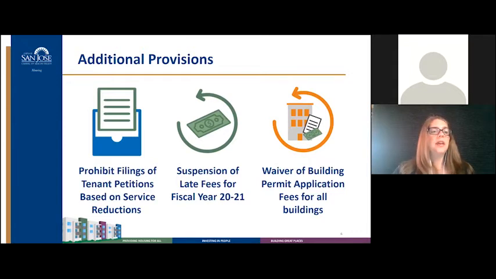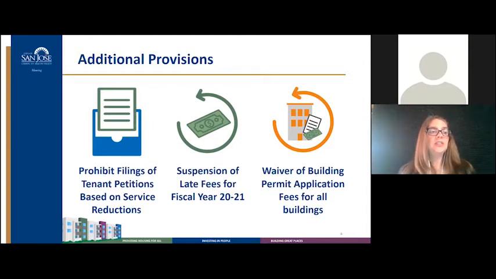So, for example, if a landlord closed a clubhouse or a community space that is typically available to tenants and residents during this period, tenants are not allowed to file a petition for that specific reason during the moratorium.